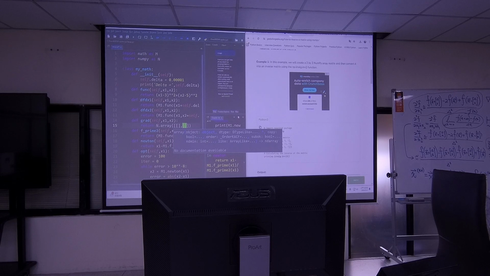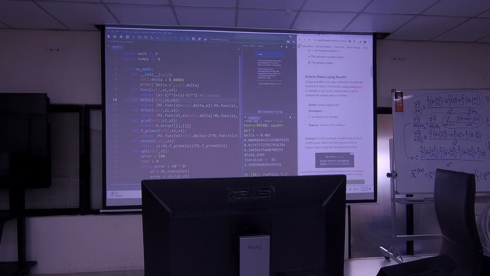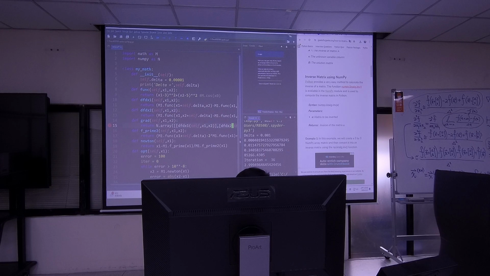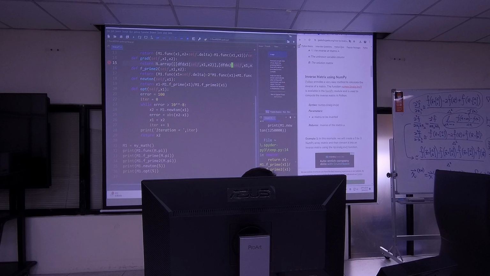So the first one would be this. Second one would be this. I'm not sure if it is going to be a vertical one. So let me, now I have function. So let me just try different values, just 1 and 2, okay?